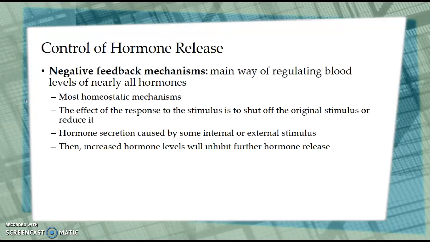For example, it can be low blood calcium levels. That's your change or your stimulus. We want to stop or reduce that stimulus. We don't want our blood calcium levels to keep dropping. We want to get them back to normal. So we release a certain hormone that will help bring that blood calcium level back up. So we're reducing or stopping what's happening to us. That's a negative feedback mechanism.